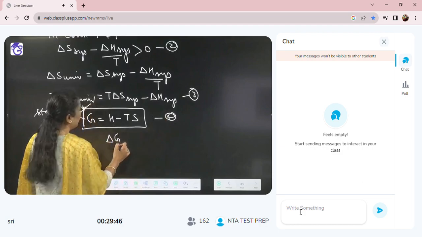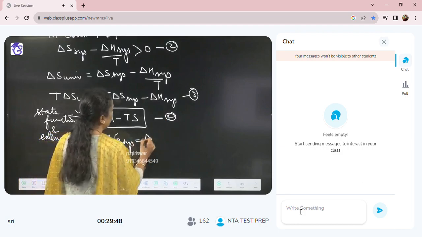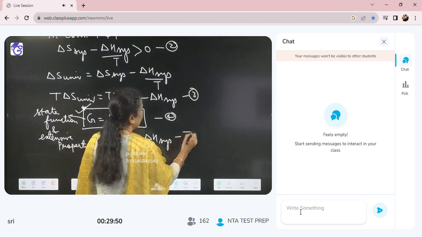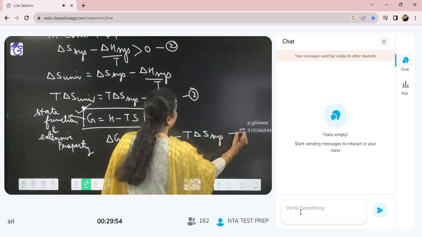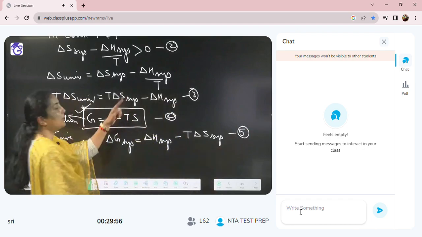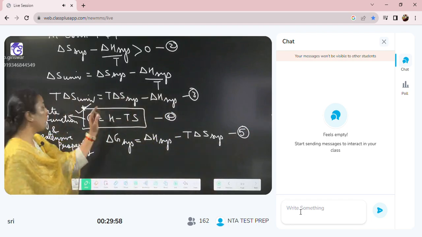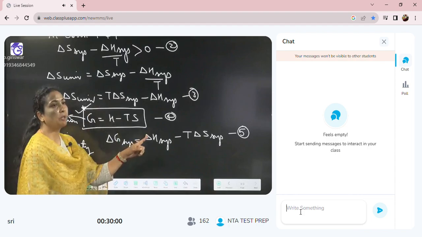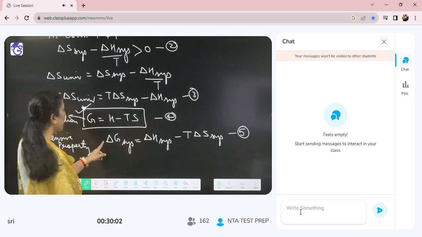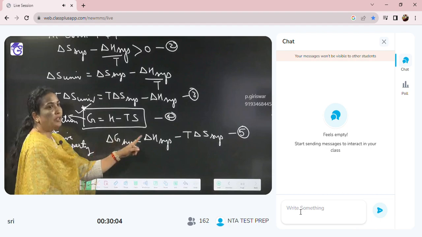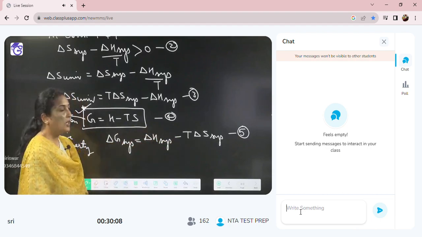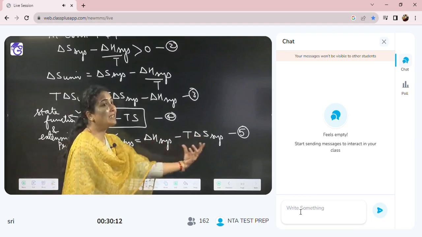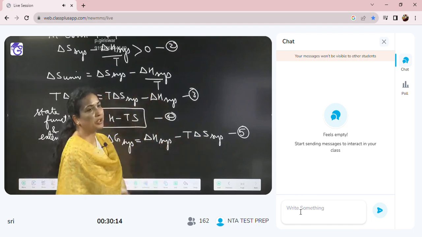I can write this as delta G system equal to delta H system minus T into delta S system. Let us say this is equation number 5. Now I'm going to compare third and fifth equation. So if I now multiply the fifth equation by minus throughout, will it become minus delta G system? Will this become minus delta H system? Will this become plus T delta S system? So doesn't it seem like the right hand side of the fifth equation and third equation has become same?